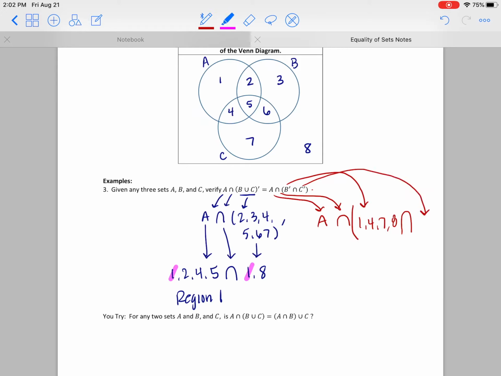C is 4, 5, 6, and 7, which means the complement is 1, 2, 3, and 8. Oopsie, need a pen.